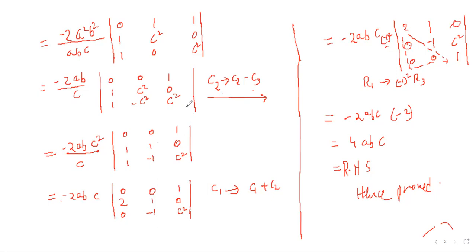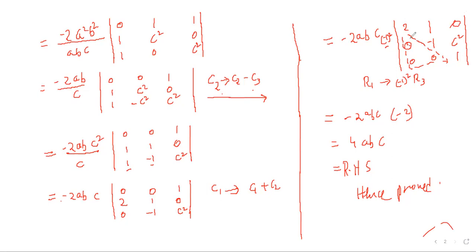0, 1, minus 1. Now, if we add C1 and C2, it will again bring a 0, as we have to bring 3 zeros in such a way that 2 of them are in the same row and 2 of them are in the same column, like this. So we can apply this result when there is an upper triangular determinant.